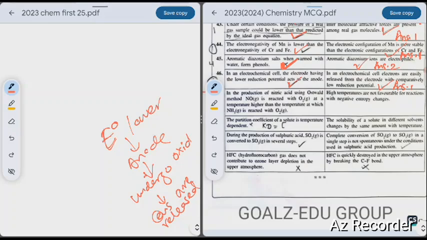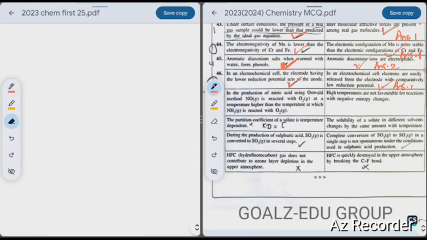Next, 47th question. In the production of nitric acid using Ostwald method, NO gas is reacted with O2 gas at a temperature higher than the temperature at which NH3 gas is reacted with O2. So here you all have to know the reactions of this Ostwald process in the production of nitric acid, right? If I write the reactions, first this one happens: NH3 plus O2 giving NO plus H2O.